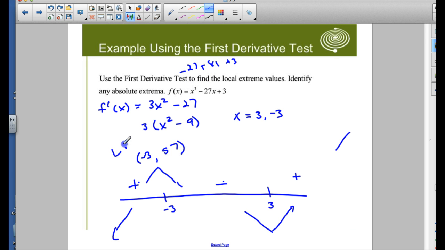This is a local max. Then over here at x equals 3, plug that in, I'm going to get 27 minus 81 plus 3, which is negative 51. This is a local min because of what's happening with my sign changes as I go through the problem. They're going to give you lots of rules as we go through these.